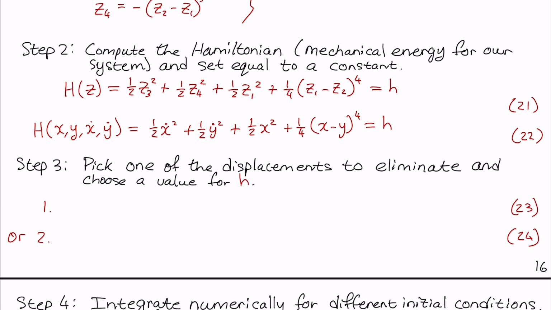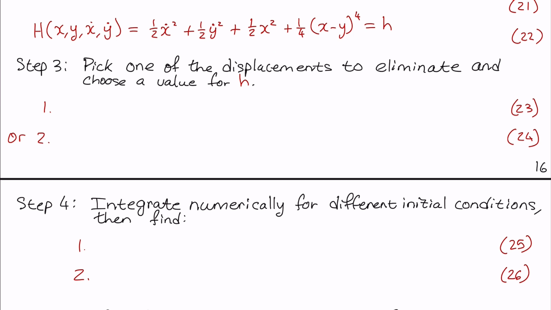So, for example, if we want to understand the phase space of the linear oscillator, what we need to do is pick a value for h and then use this mechanical energy to solve for the displacement of the NO. So y here is equal to h inverse of x, x dot, y dot, and we also need h in here. So h is a constant.